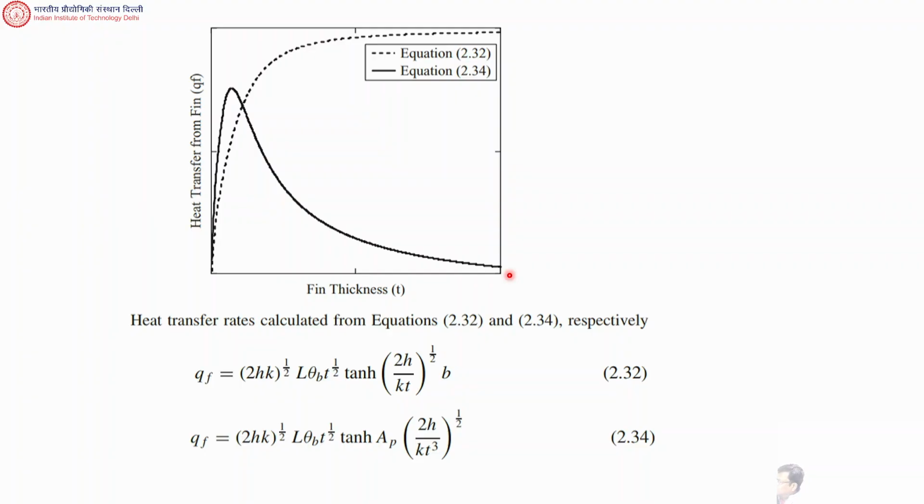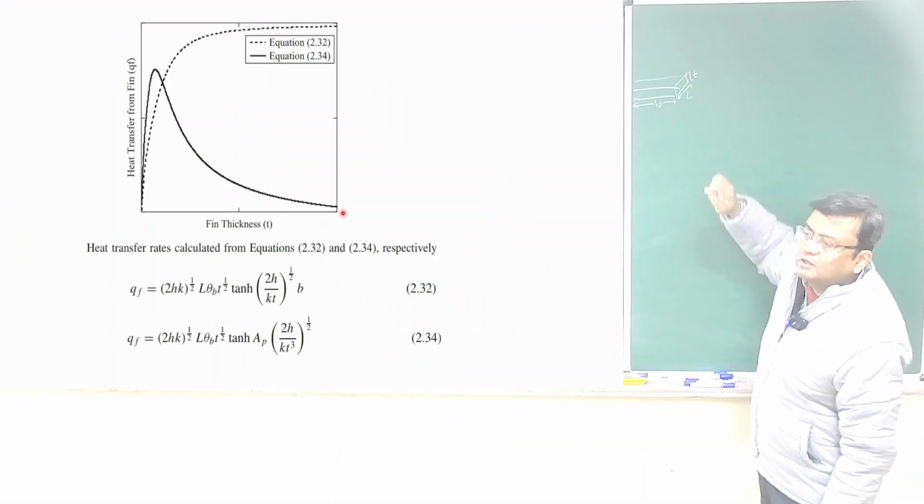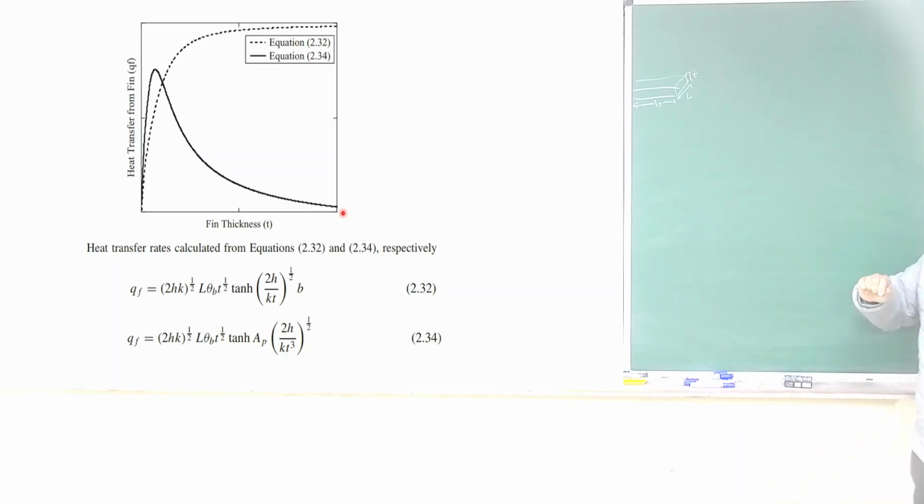So maybe you can think about it like this, let's say this is a fin of a particular length b. If you have a fin of a particular length b, if you increase thickness, why should the heat transfer increase?